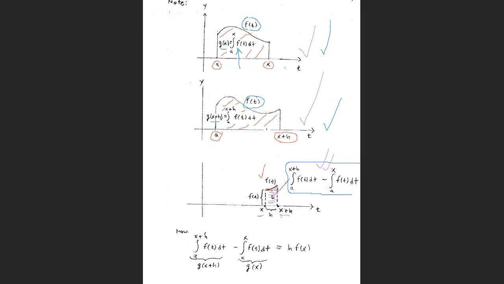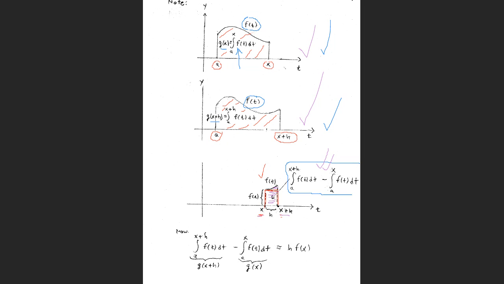Well, let's approximate it by looking at the area of a rectangle. So what I've done is I've drawn here a red rectangle, and the height of that rectangle is f of x, because I'm using the left endpoint, which is x, to determine the height of the rectangle.